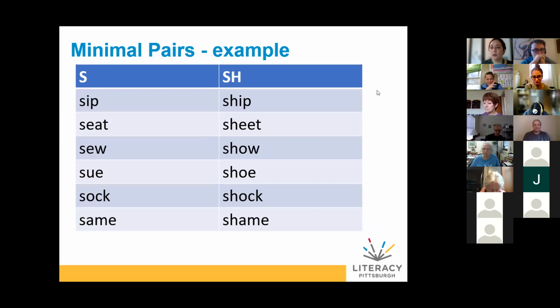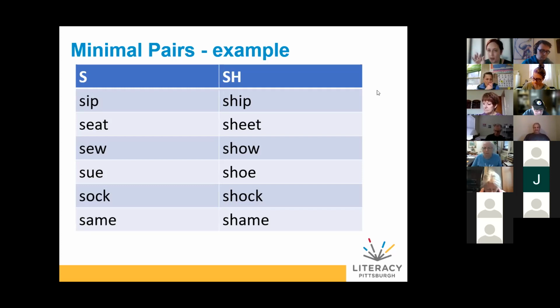Okay. So first, I'm going to pronounce all the words with the s sound. Sip, seat, so, sue, sock, same.